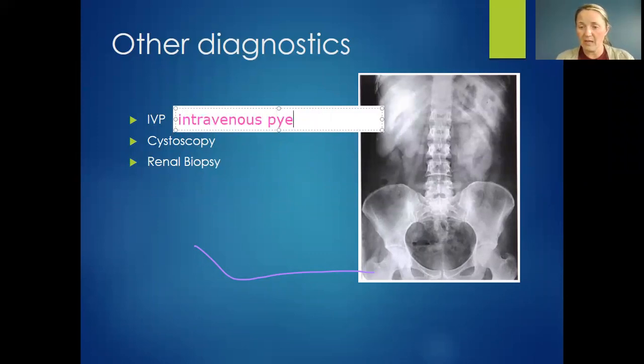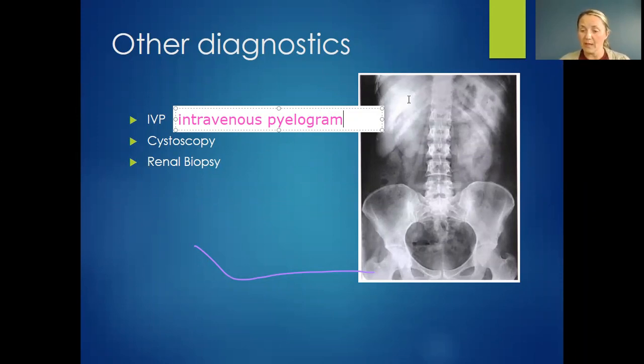Intravenous pyelogram is an X-ray examination of the kidneys, ureters, and the bladder, and it uses iodized contrast material injected into the veins. So that contrast material is injected into the vein, and then it travels through the bloodstream and collects in the kidneys and urinary tract, and then they can take X-ray images of it.